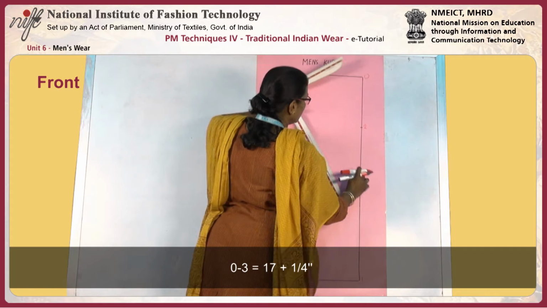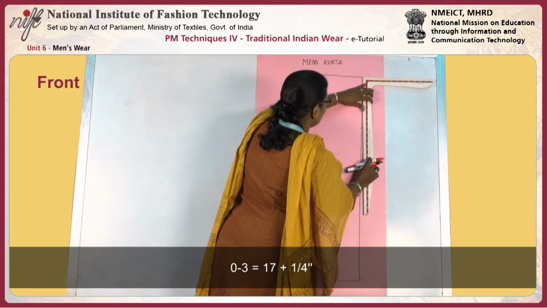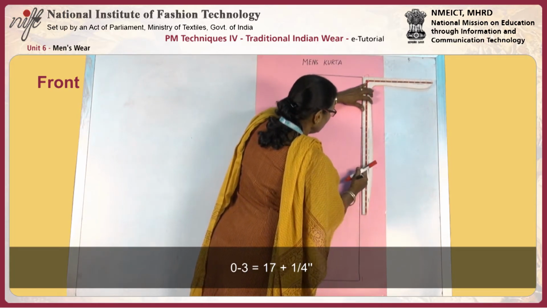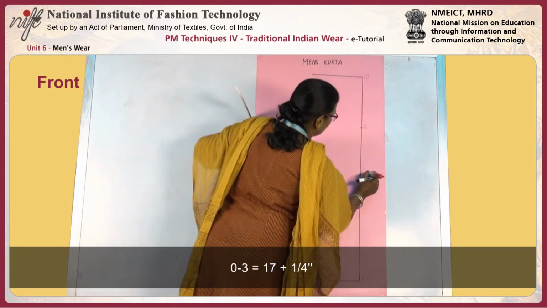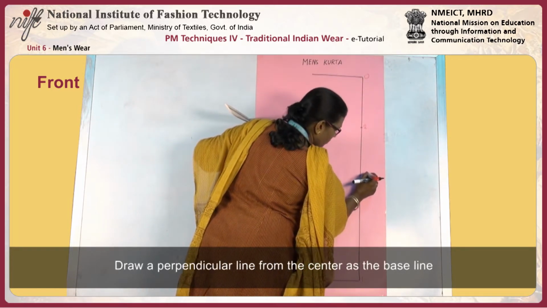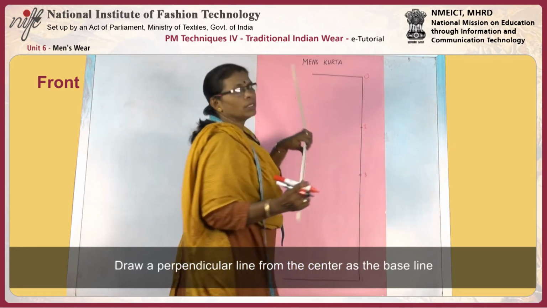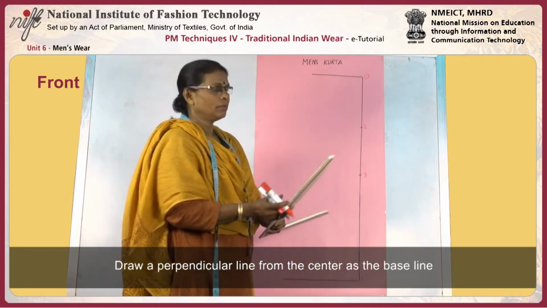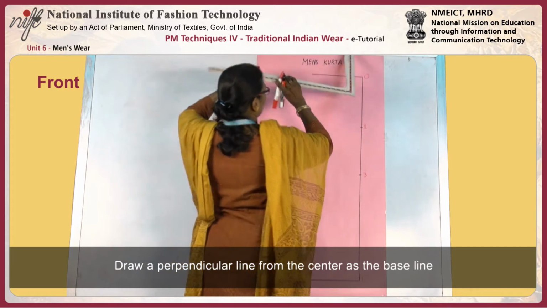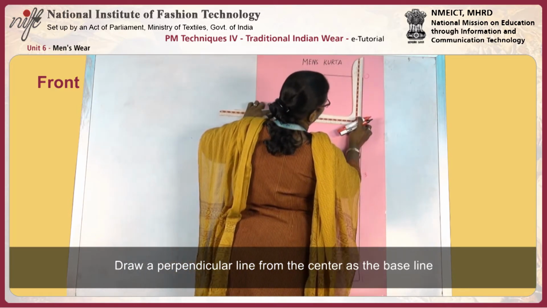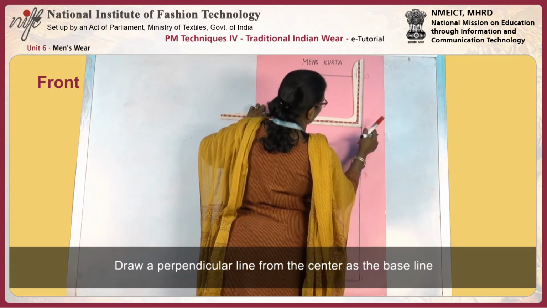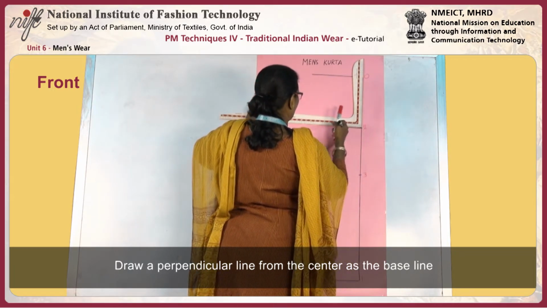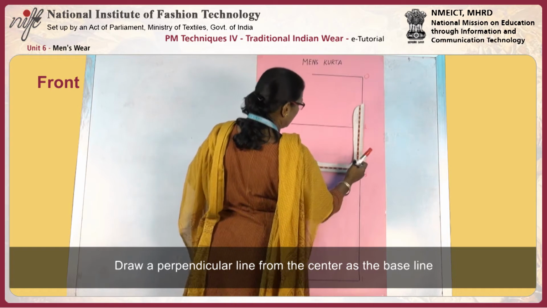And 0 to 3 is the natural waist length, 17 plus quarter, 17 and a quarter. This is 3. Draw a perpendicular line from the center as the baseline.